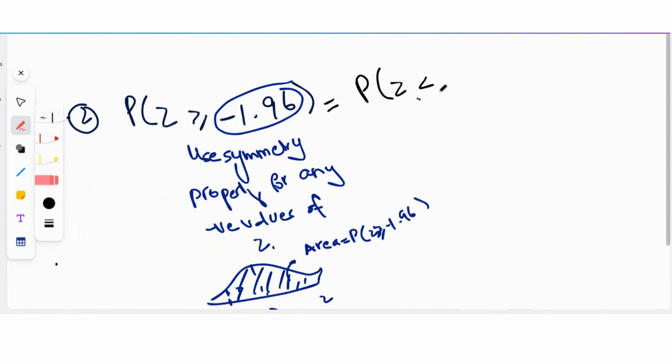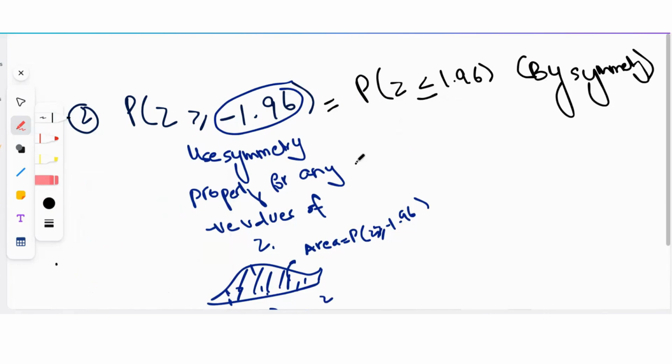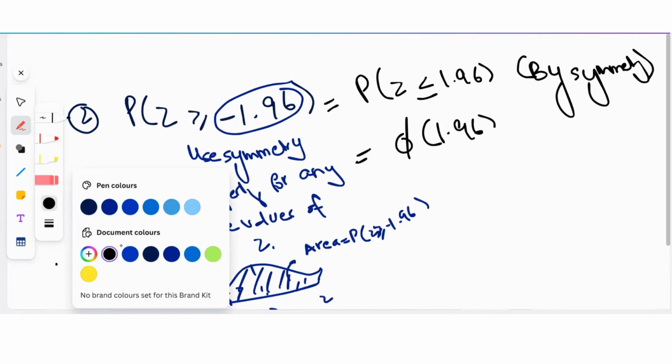So we can write this as the probability Z is less than or equal to 1.96 by symmetry. After you have it in terms of positive values, you see whether it's in the form of CDF or not. If it's not, then you write it in the form of CDF. But here it's already in the form of CDF, right? This is already the CDF of 1.96.